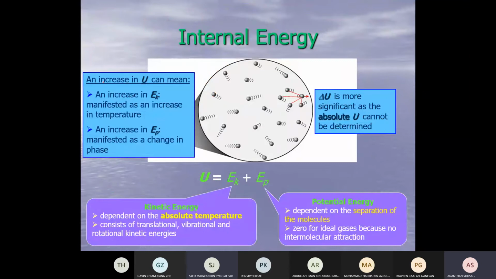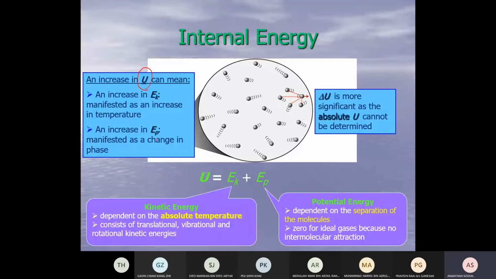Okay. So about internal energy, an increase in internal energy can mean an increase in EK or an increase in EP. If they say a substance increases its internal energy, you should know it is either increasing the EK or increasing the EP. So how can you raise the internal energy of a substance?